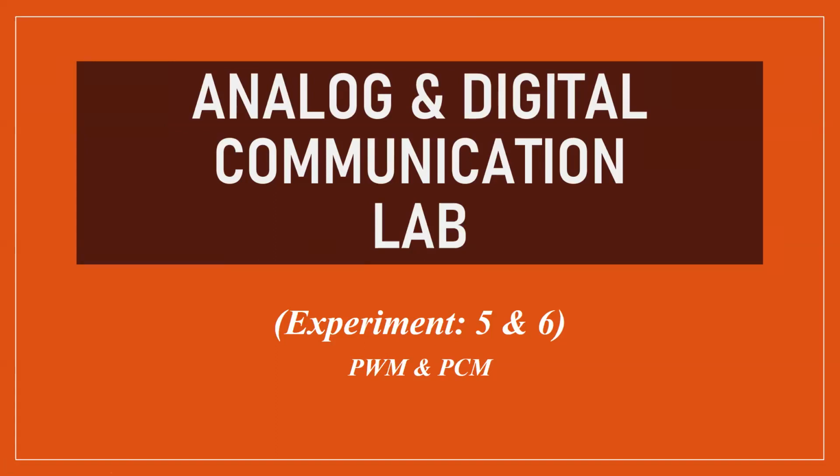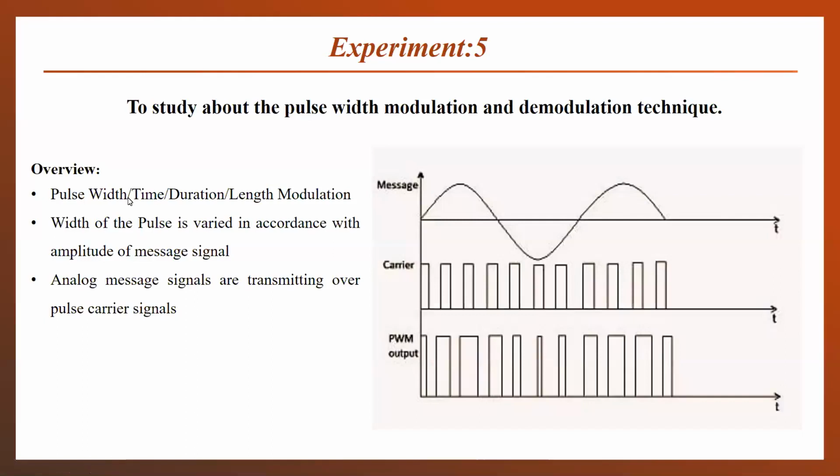Today we will do 2 experiments, pulse width modulation and pulse code modulation. Pulse width modulation is one of the 3 types of pulse modulation techniques we have learned so far: pulse amplitude modulation, pulse width modulation, and pulse position modulation.